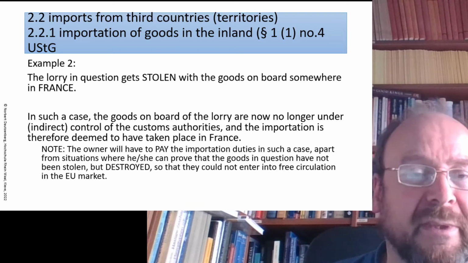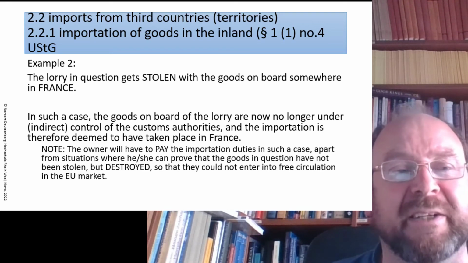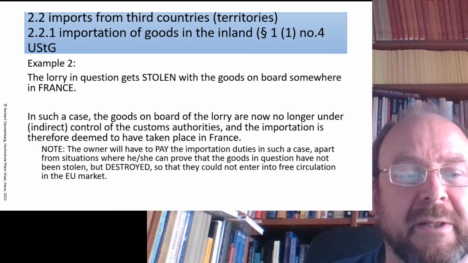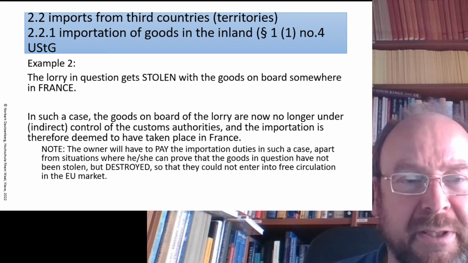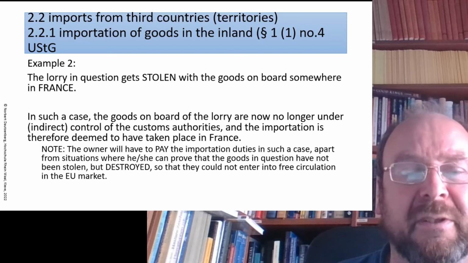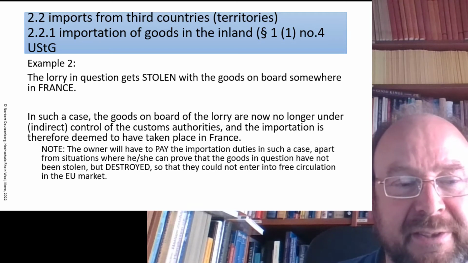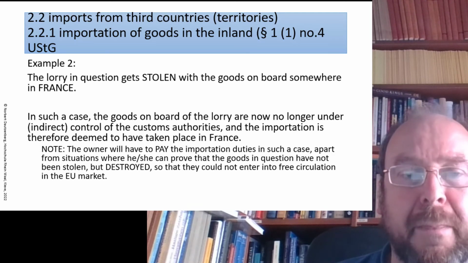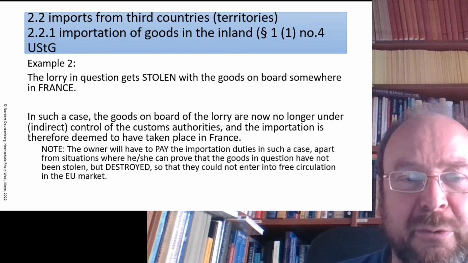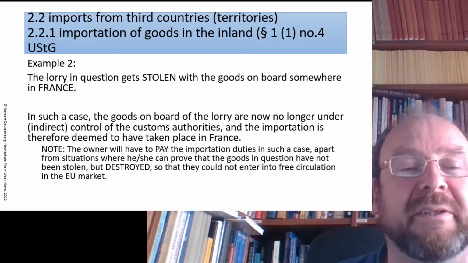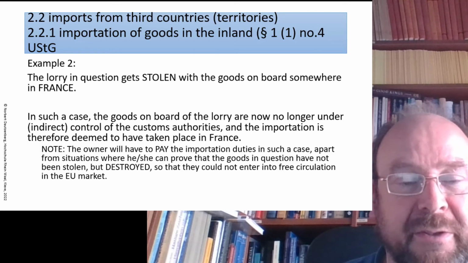In that case, at the moment when the goods vanish from the customs authorities' supervision, so when they are stolen, that is deemed to be the place and time of importation, and so the owner will have to pay the importation duties in such a case. Apart from the cases where the owner can prove that the goods have not been stolen but completely destroyed and so cannot enter the market.